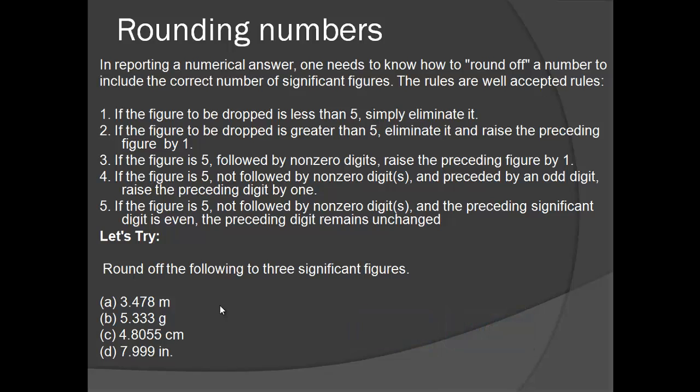Number 3, if the figure is 5, followed by non-zero digits, raise the preceding figure by 1. Non-zero digits means obviously any digit that isn't 0, right? So let's say, for example, I have 7.02351. And again, I want to round it off to 4 SigFigs. That 4th significant figure is that 3. That 3 is followed by a 5.